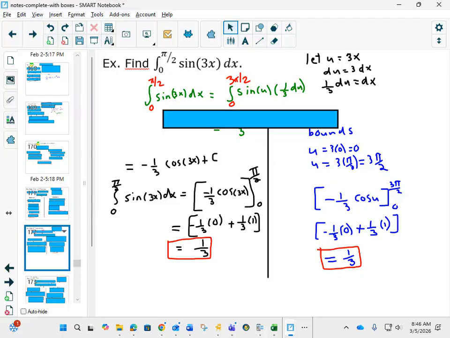I'm like, I can do this integral without doing any work. Substitution isn't really necessary because the chain rule is multiply by 3 and that's a constant. So I could just divide by 3 to compensate.